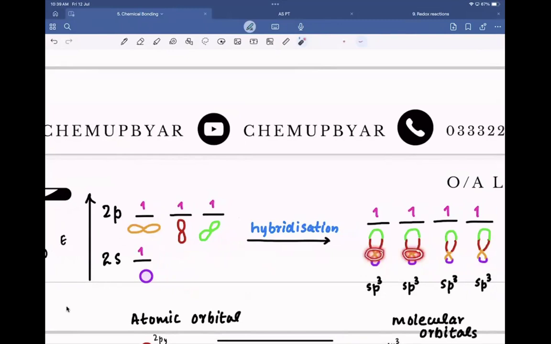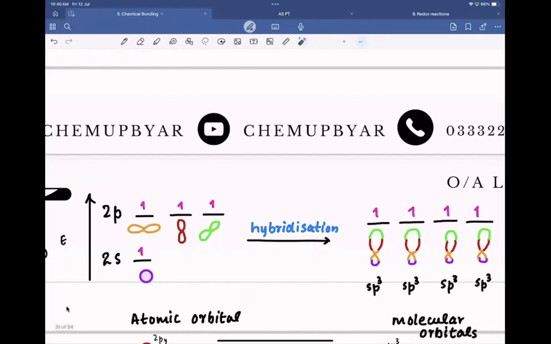Each of these orbitals is broken down into 4 equal parts, and one part from each orbital gets connected with each other to form one new orbital, and that's why each new orbital has the same shape, same size, and same energy, because they all have the same components. Is this understandable?